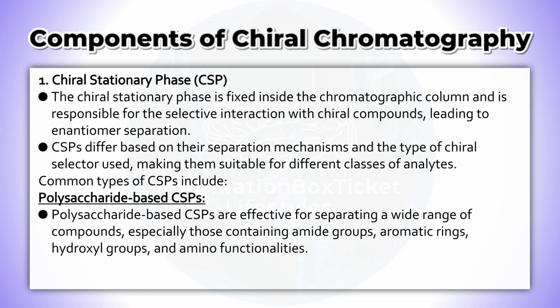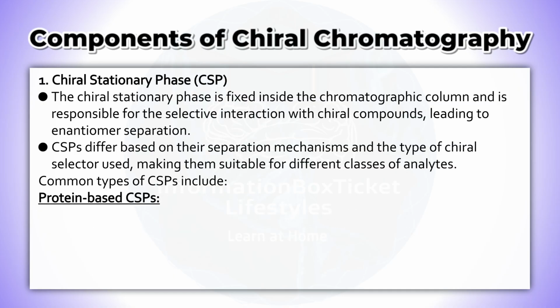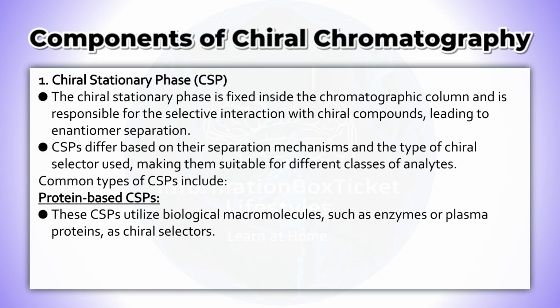Polysaccharide-based CSPs are effective for separating a wide range of compounds, especially those containing amide groups, aromatic rings, hydroxyl groups, and amino functionalities. Protein-based CSPs. These CSPs utilize biological macromolecules, such as enzymes or plasma proteins, as chiral selectors.